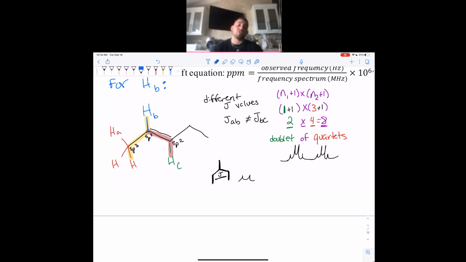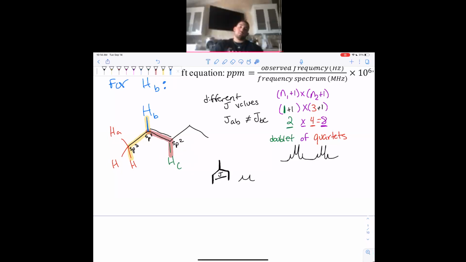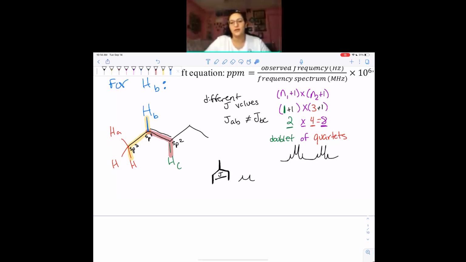Does that also mean you want the smaller SP value to go first? You have the right idea. It's just not the SP, it's the smaller number of neighbors. You want that going first, because you want the smaller times the larger. It doesn't really matter, because if you have a quartet of doublets, you're still going to get the right answer, but the most correct way is like that.